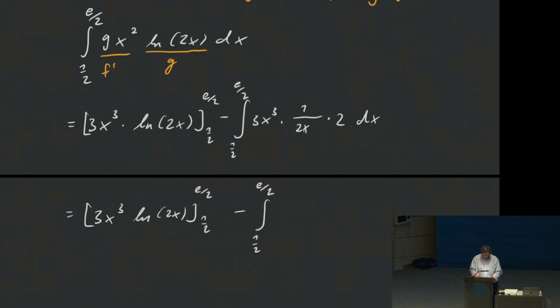So the 2 cancels out, the 3 we'll keep, we just put in front of the integral here. And the x cancels out with x to the third, so we're left with x to the power of 2 dx.